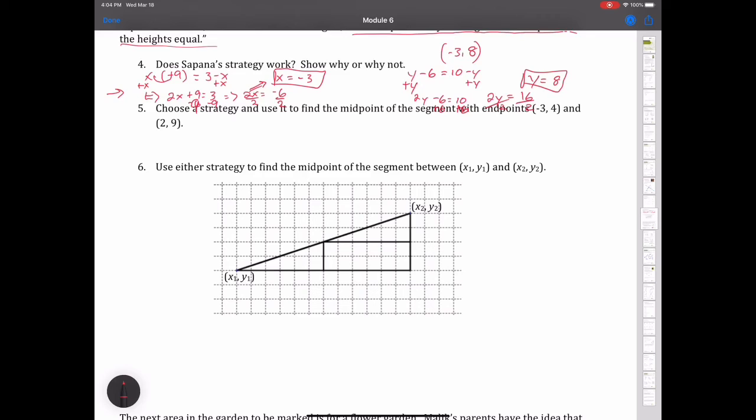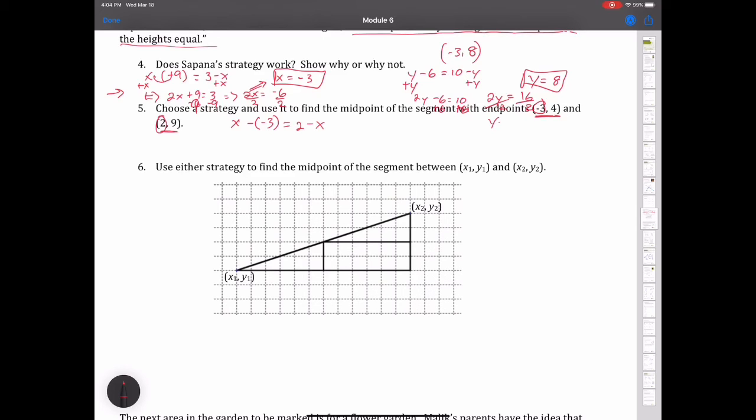So I will do that same thing where I will have, I'm just going to pick, let's see, this one is my more negative on the x-axis, and this one's my more positive on the x-axis. So I will go x minus negative 3 equals 2 minus x. Okay, so I just use the x values here and here, and I will do the same thing with y values.